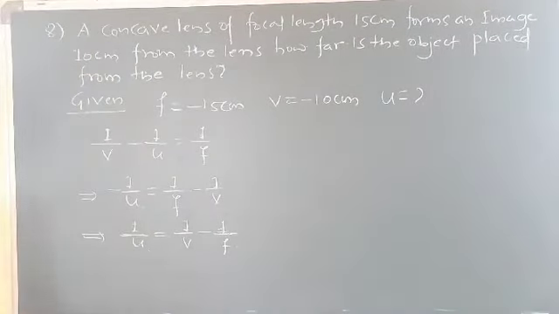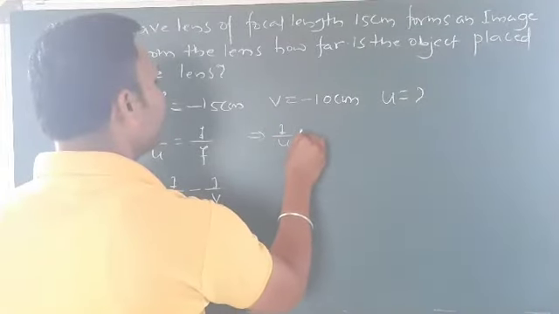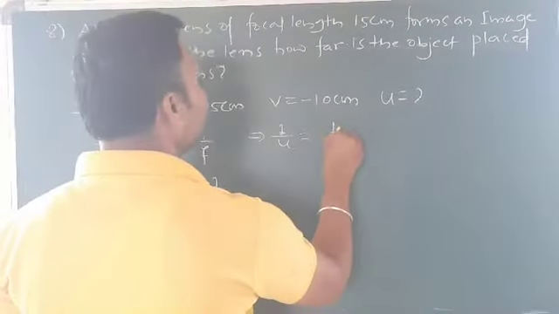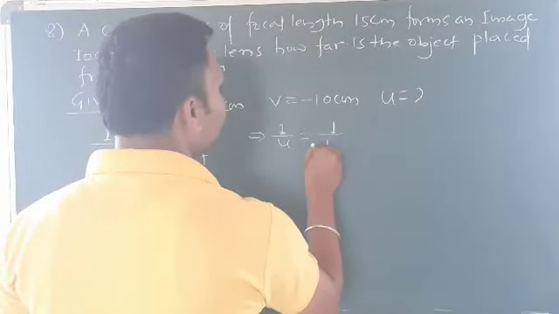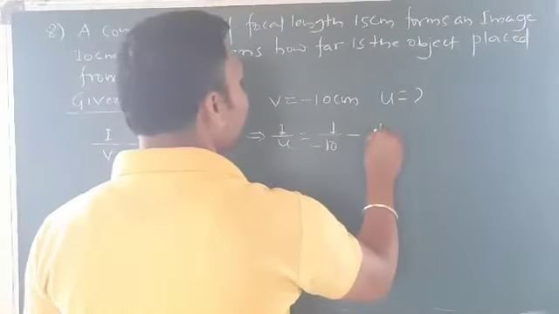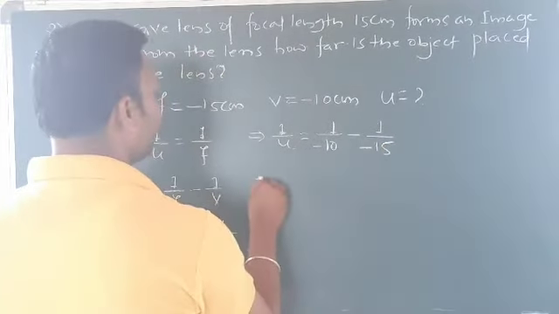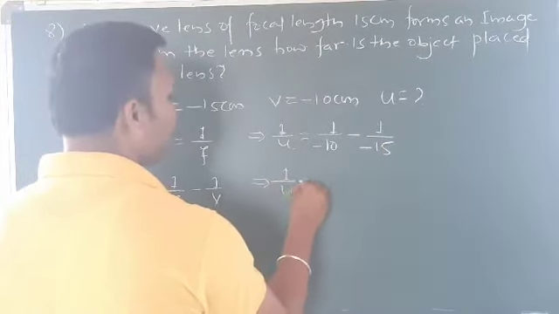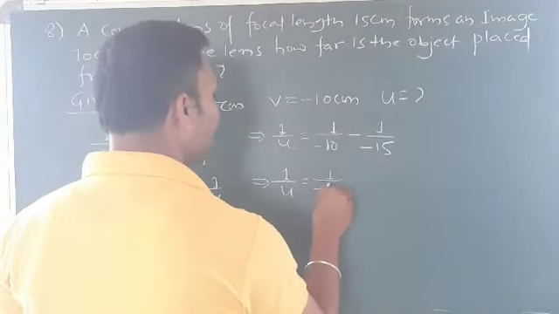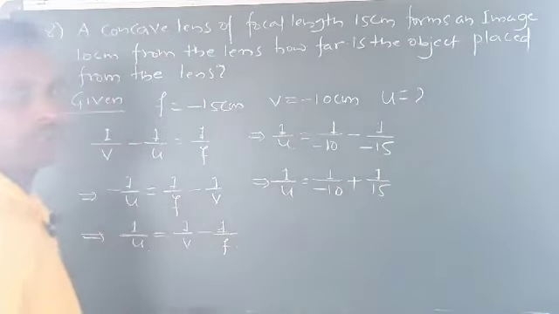Now substitute the values: 1 by u is equal to 1 by v, which is 1 by minus 10, minus 1 by f, which is minus 15. So 1 by u is 1 by minus 10 plus 1 by 15, because minus minus gives plus.